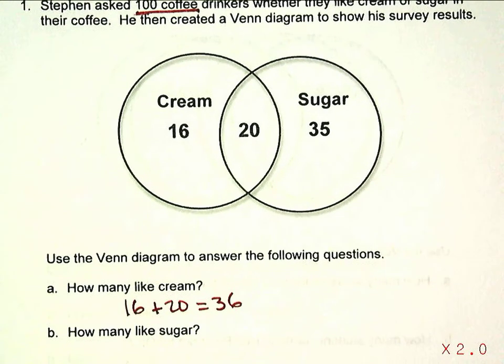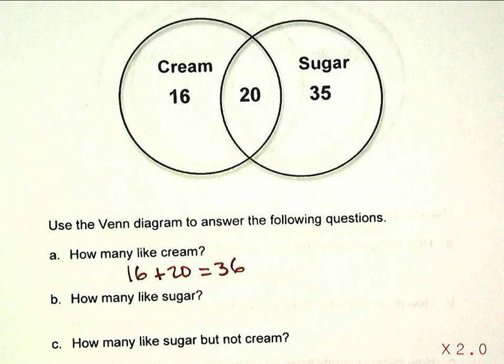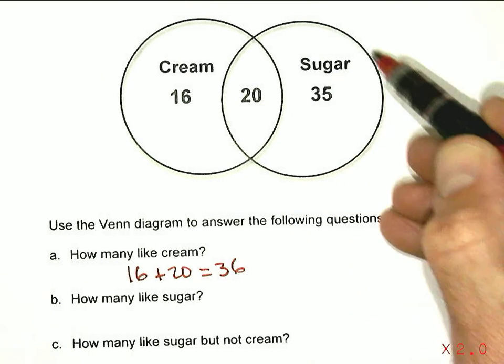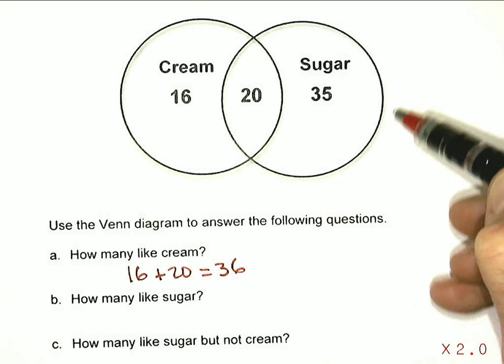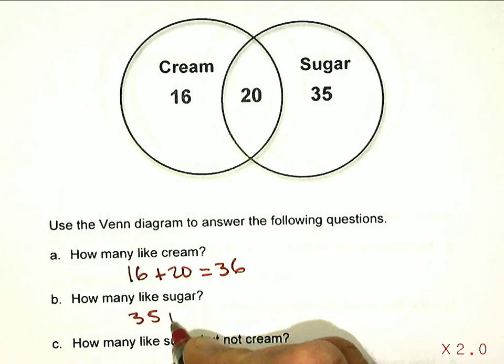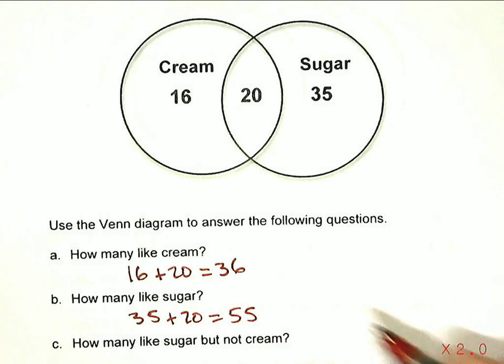And then if we ask the next question, kind of the same idea, how many of them like sugar? Again, all of the people in this circle like sugar. So we take the 35 plus the 20, that gives us 55 that like sugar.